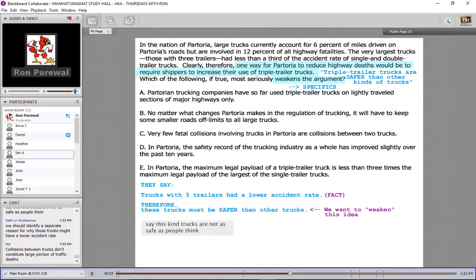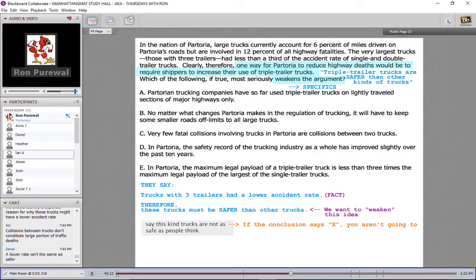If the conclusion says X, you're not going to weaken that conclusion by just saying not X. That's not how it's going to work, right? The conclusion of the argument is these trucks are safer, so the weakener is not going to be actually they're not safer. Make sure you give me a smiley face if you understand that. They're not going to just contradict it.